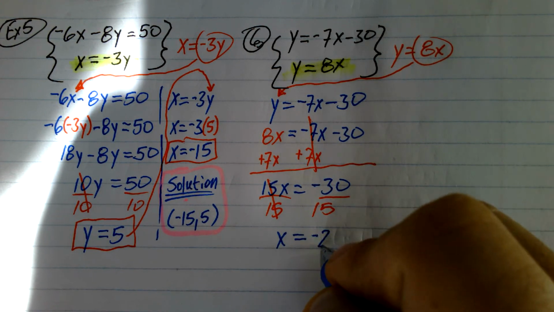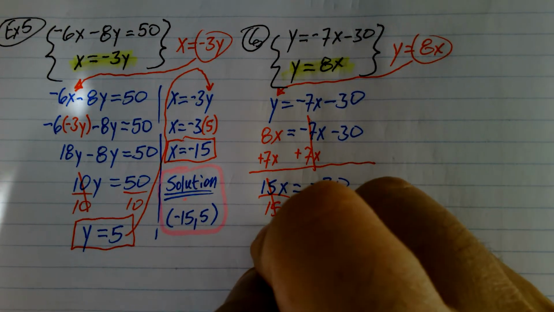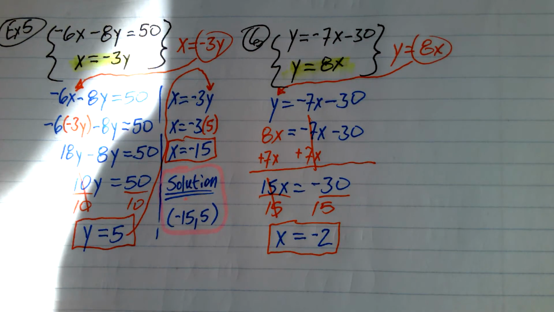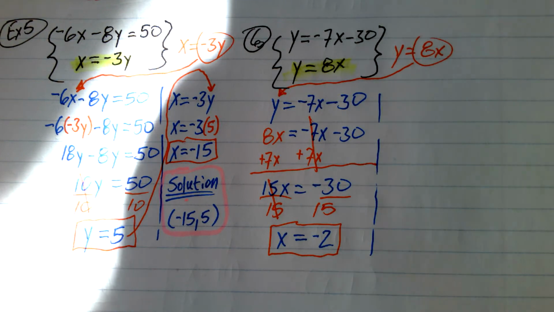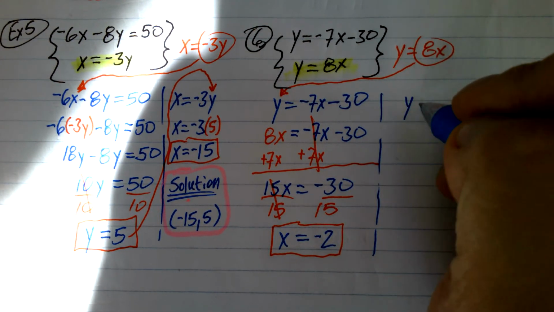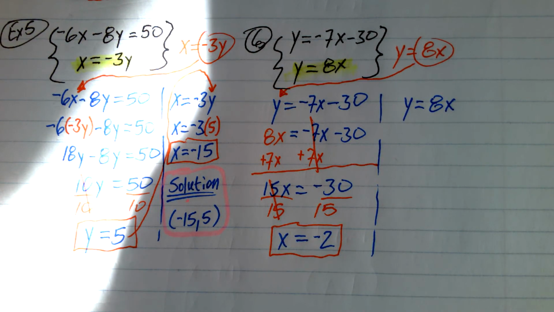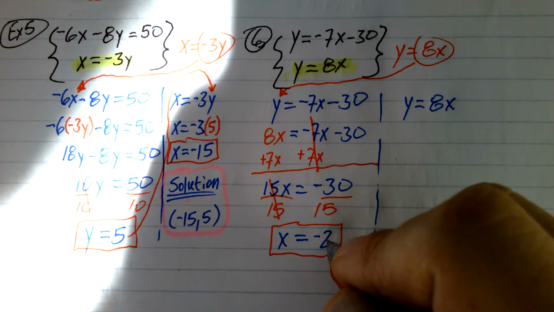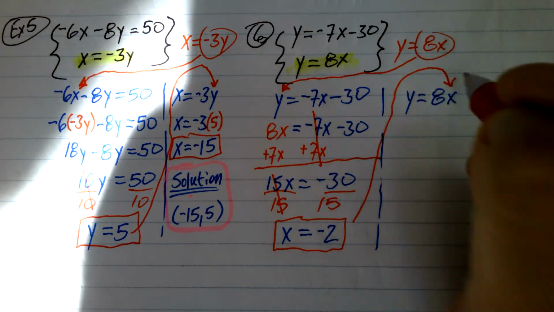Okay, negative 30 divided by 15. 15 goes into 30 twice, but it's a negative divided by a positive. That's a negative 2. So we got an answer for x. It's negative 2. Okay. So now, boom, boom, boom, boom. I'll bring down my other equation, y equals 8x.